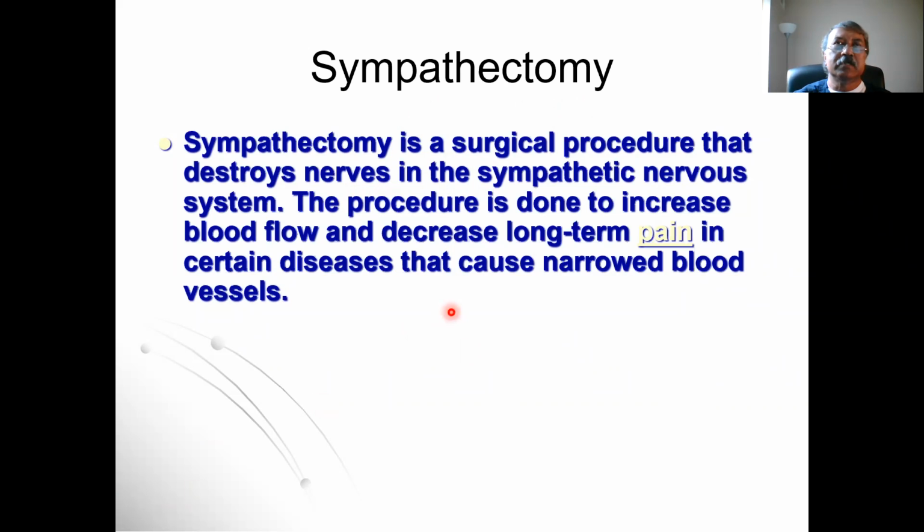The surgeon is not going to damage or remove or destroy any motor nervous system that is going to impair the person functionally. They only identify the sensory nervous system and destroy those areas, burn those sensory nervous areas, the sympathetic part.